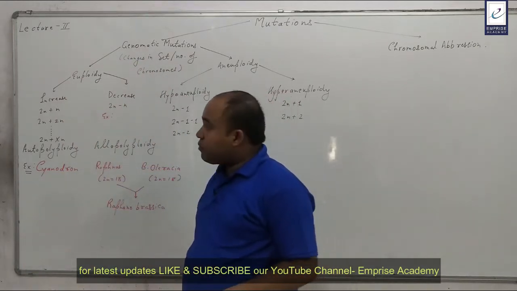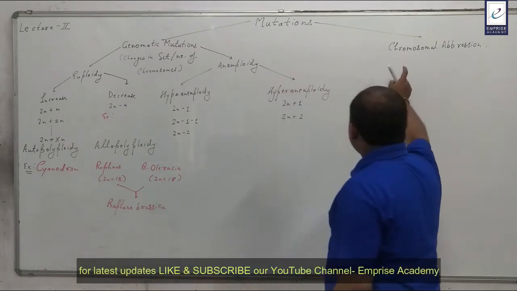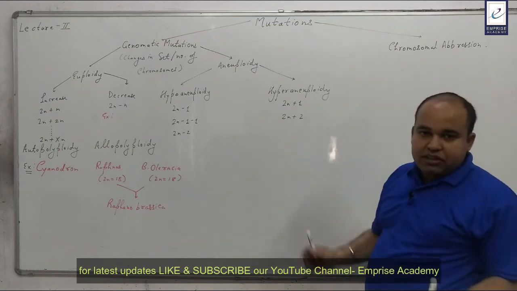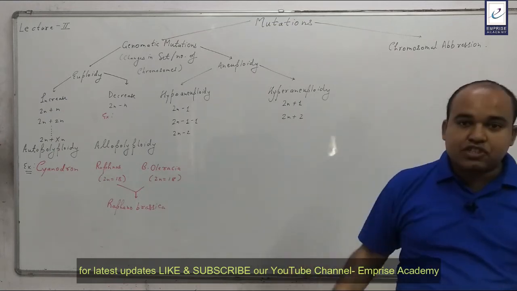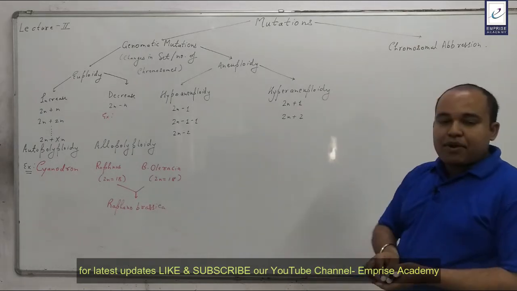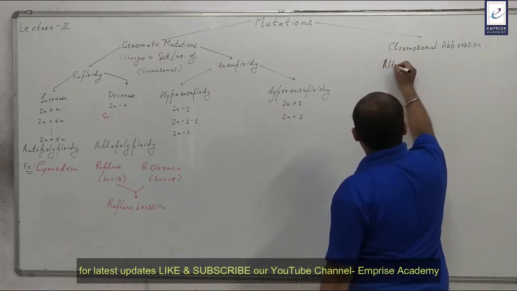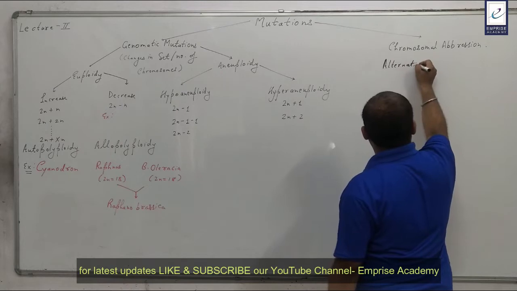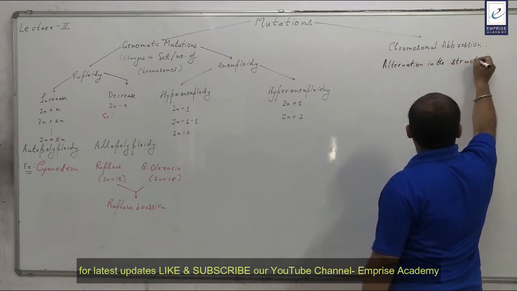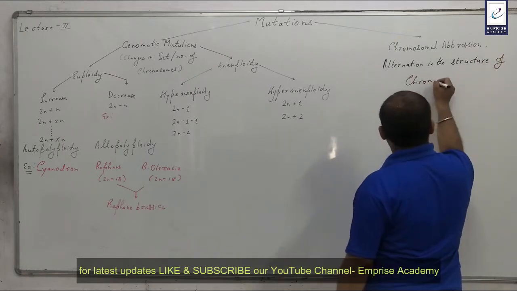But chromosomal aberrations refer to changes within the structure of the chromosome. When the structure of the chromosome has been disoriented, it is referred to as chromosomal aberrations. Okay? Alteration in the structure of chromosomes.